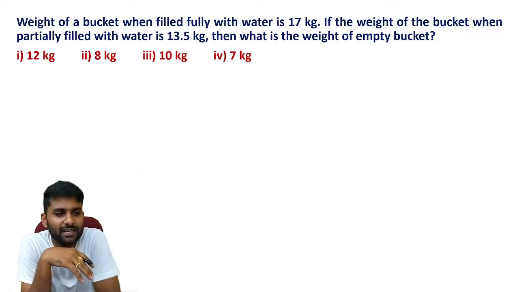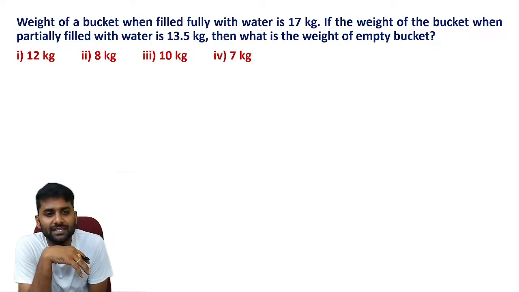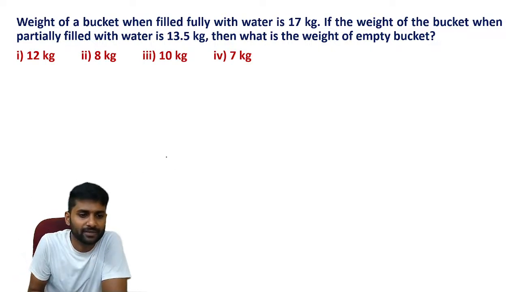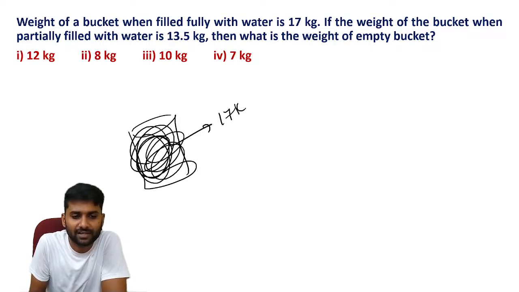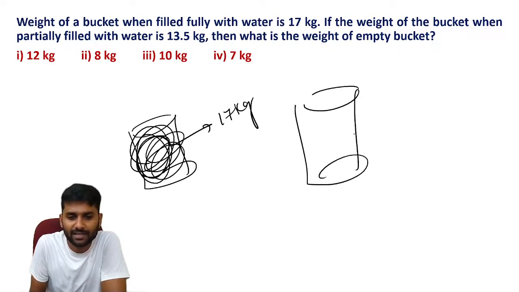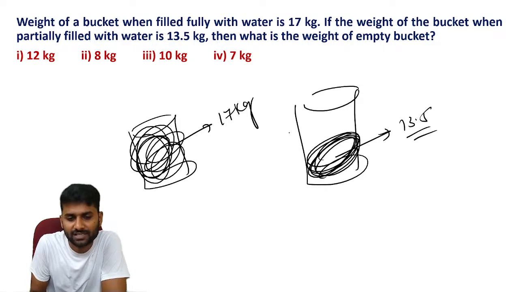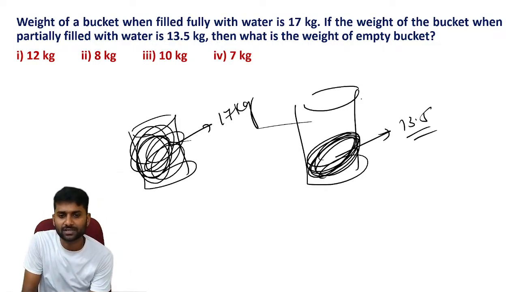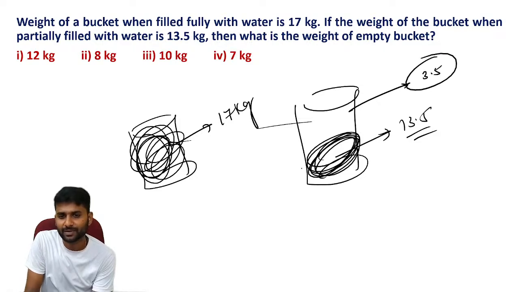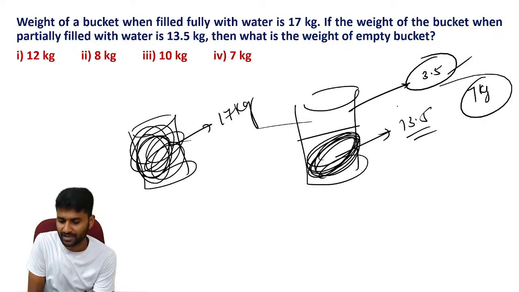If the weight of the bucket when partially filled with water is 13.5 kg, what is the weight of the empty bucket? If it is full quantity, then the weight is 17 kg. For the same bucket, at half quantity, it is exactly 13.5 kg. So if half of the water quantity is removed, the weight is also reduced by 3.5. If half of the quantity of water is 3.5, then the full quantity is exactly equal to 7 kg.